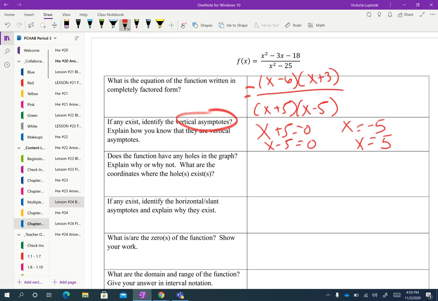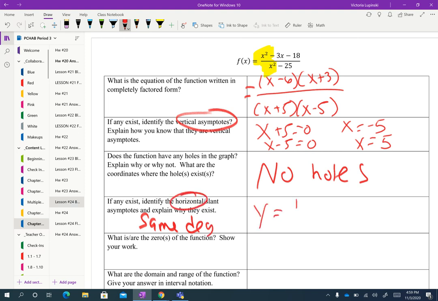Are there any holes in the graph? So there would only be a hole if there was a canceling factor, of which there are not. When it comes to horizontal and slant, look at the degrees. Notice that they have the same degree, which means there's going to be a horizontal at the coefficient of the numerator over the leading coefficient of the denominator, which means y equals 1.